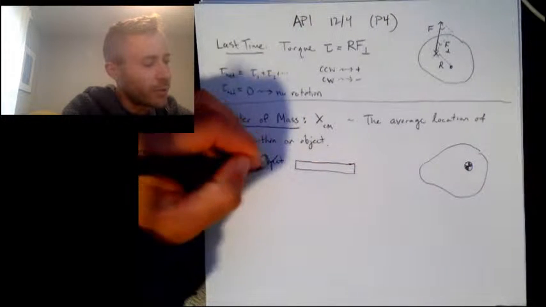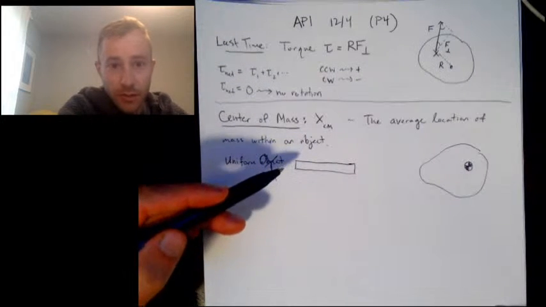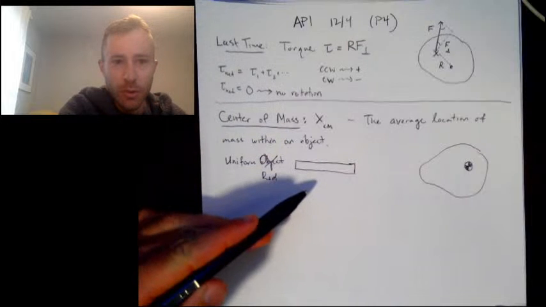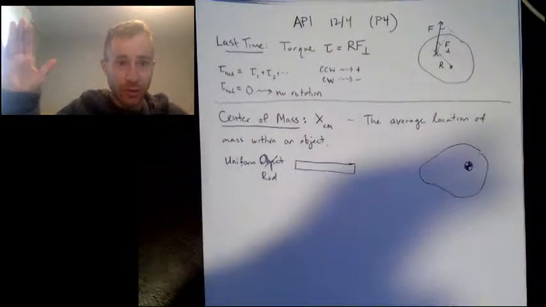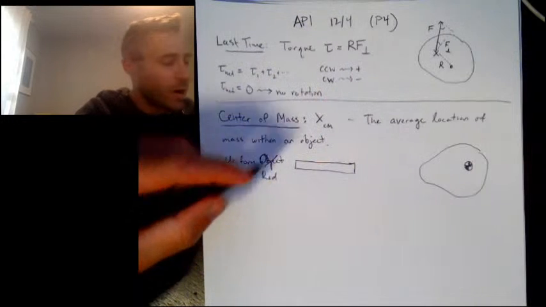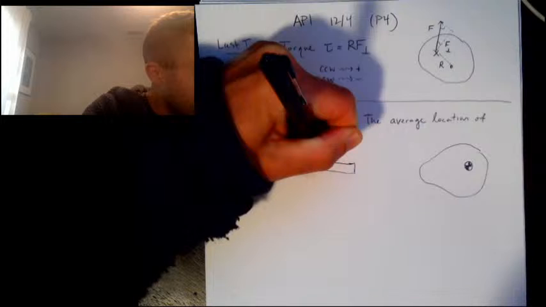So I'll just say uniform rod. If you have something that is uniform, then the center of mass is going to correspond with the geometrical center of the object. Okay, so because this is a uniform rod, the center of mass is going to be in the geometrical center.